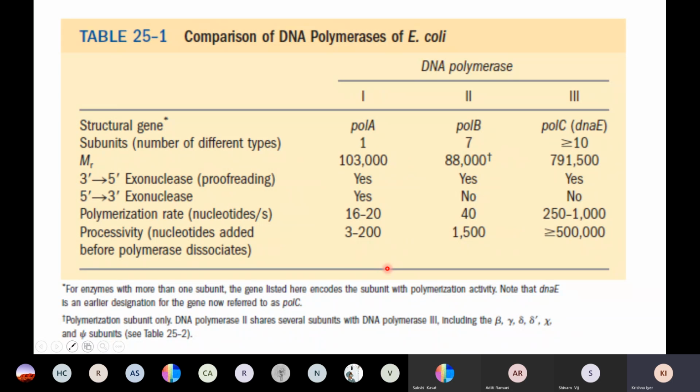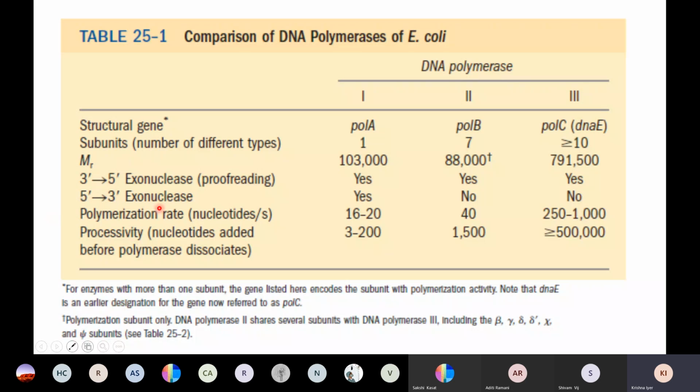So if I want to replicate my DNA and there is 4 million base pairs, and I have to make basically a strand that big, and if I'm adding 20 nucleotides per second, that will be 200 in 10 seconds, 200 into 6, which is 1200 in 1 minute, and then that would be 12,000 in 10 minutes and 24,000 in 20 minutes.